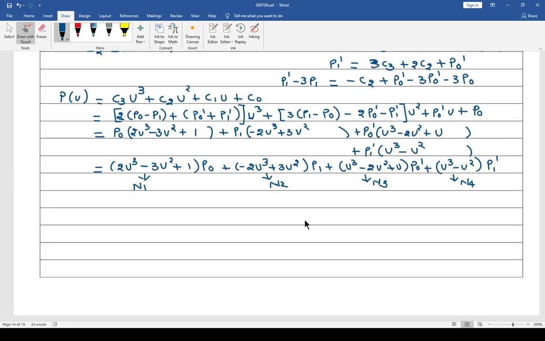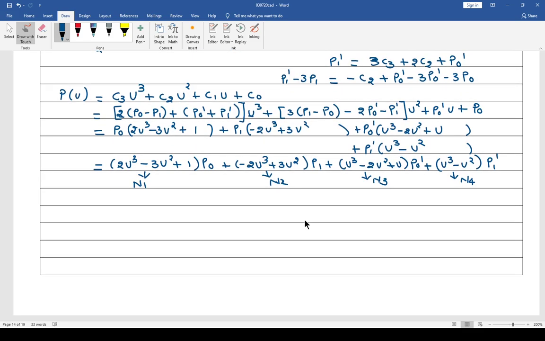So here the shape function we have derived for the cubic element, and this is what we are readily going to use when we work with the beam problem in case of the finite element method. Now that's done. So I could write P of u.